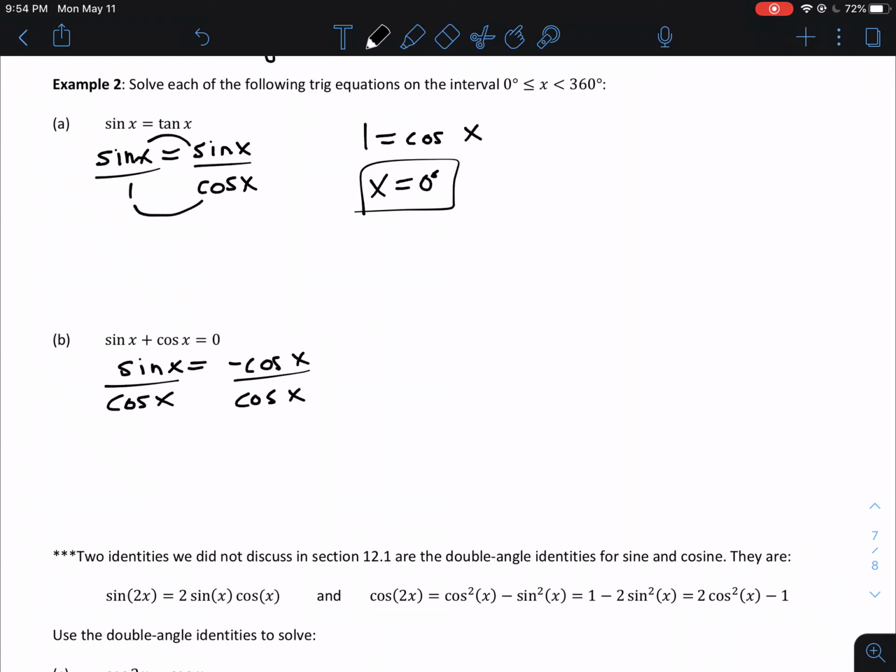So now on the left side we have sine of x divided by cosine of x, which is tangent of x, is equal to cosine of x divided by cosine of x. It was negative, so negative 1. So now we just have to solve where tangent of x is equal to negative 1, and that happens in 2 different places. That happens at 135 degrees as well as 315 degrees.